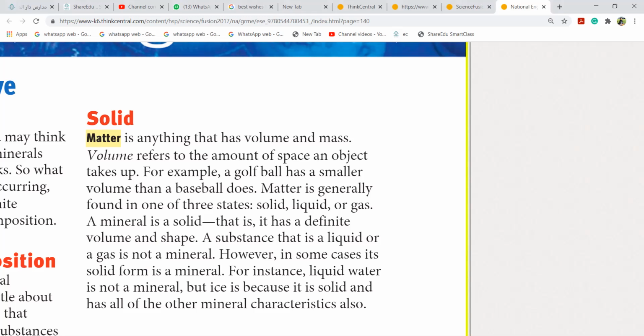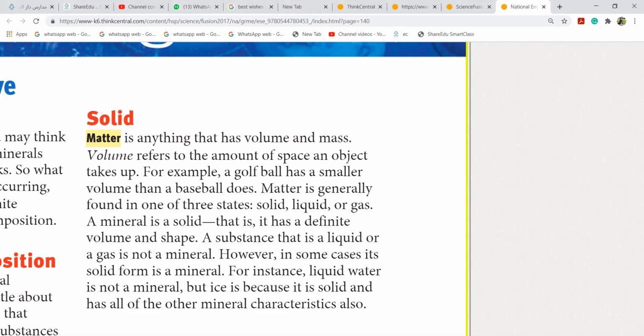Matter is anything that has volume and mass. Volume refers to the amount of space an object takes up. For example, a golf ball has a smaller volume than a baseball does.